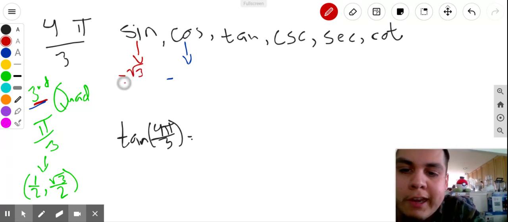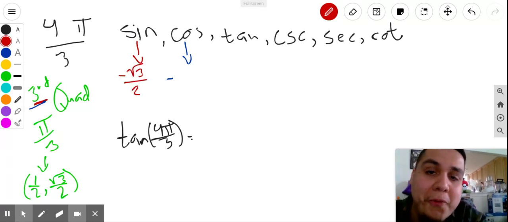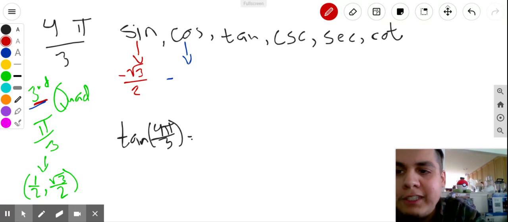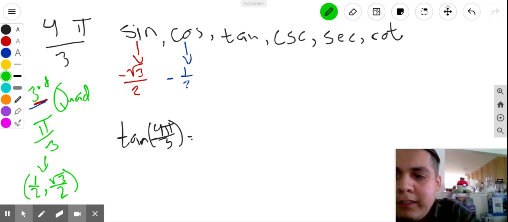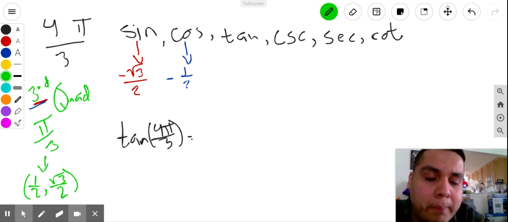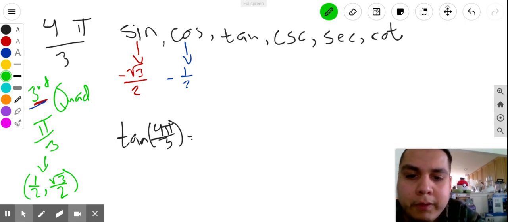I just said sine has to be the y value, and the y value is radical 3 over 2. The cosine is supposed to be the x value, so that should be the 1/2.